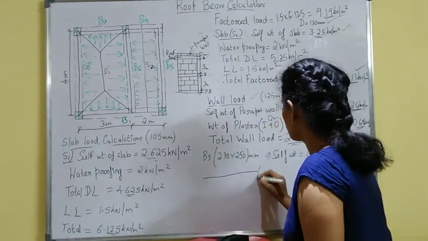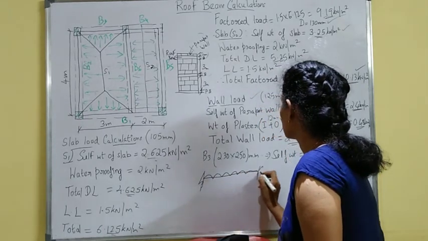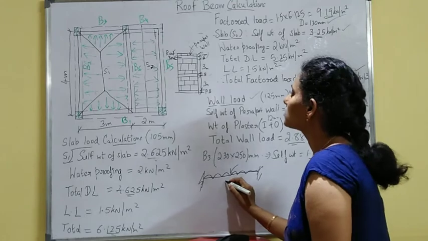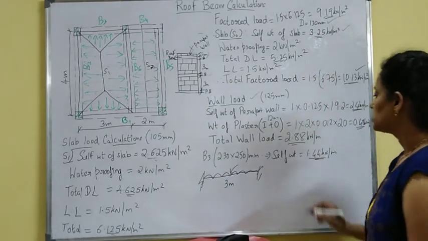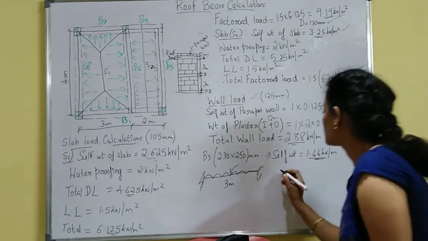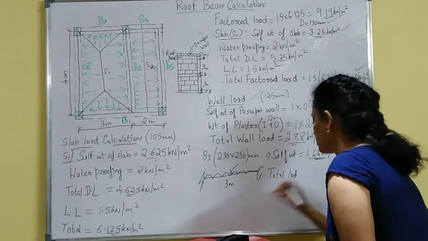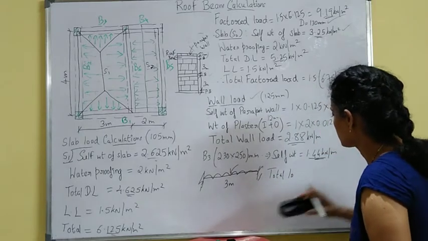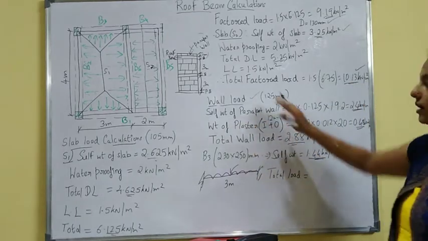This is your beam, here both sides are fixed, with a 3 meter span. So the total load on the beam: we have the weight of the wall load.